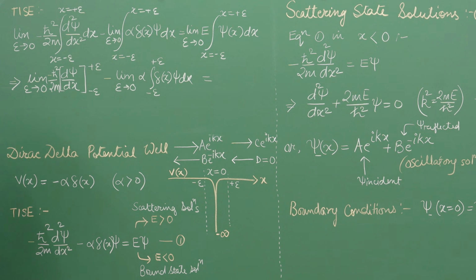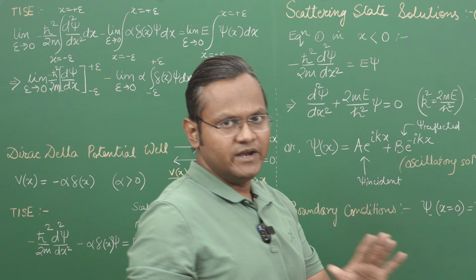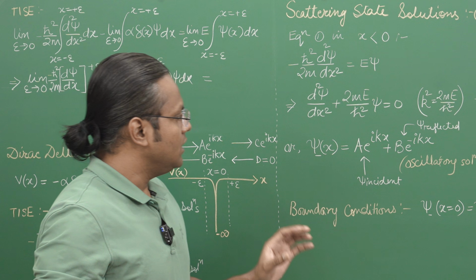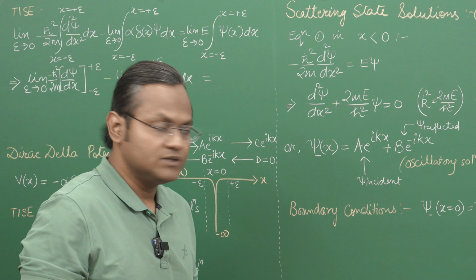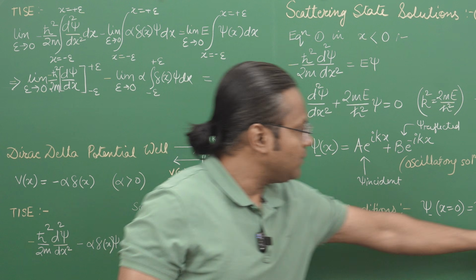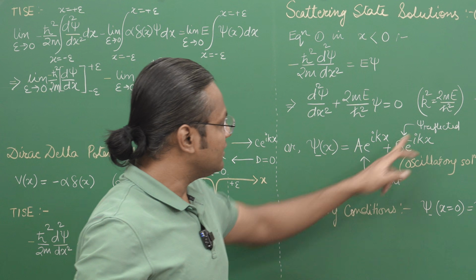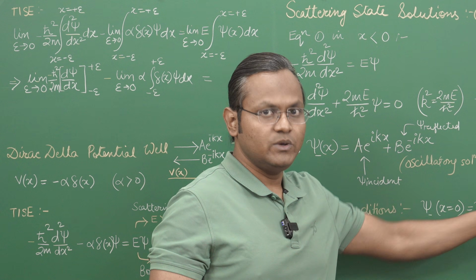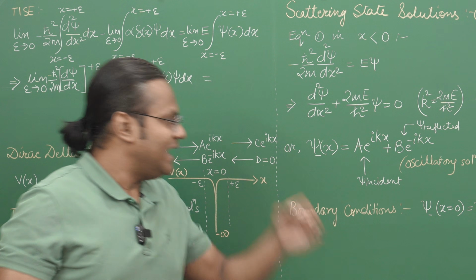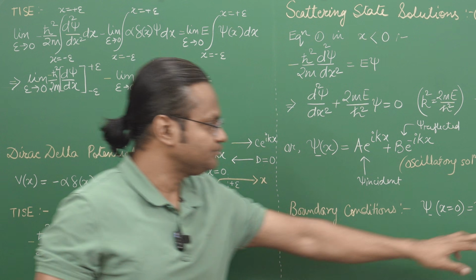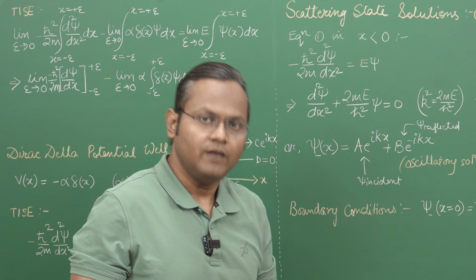Now keep in mind that the wave function is a plane wave solution. It's an oscillatory solution, but we have to have continuity even at x is equal to 0. Which is what we applied here. There is a continuity between the incident plus reflected and the transmitted wave at x is equal to 0, which means that at x is equal to 0, the wave function has a finite value, right?